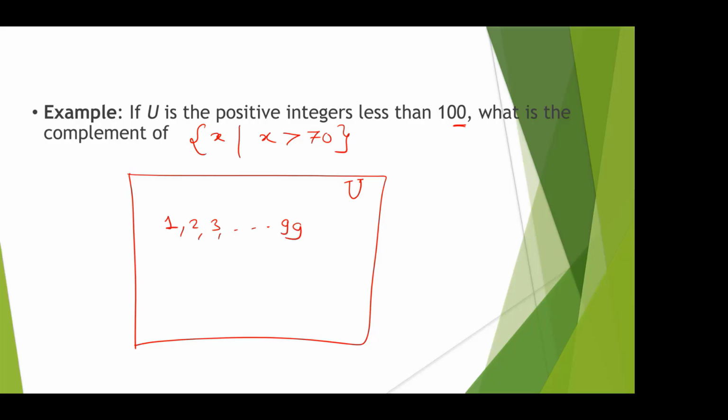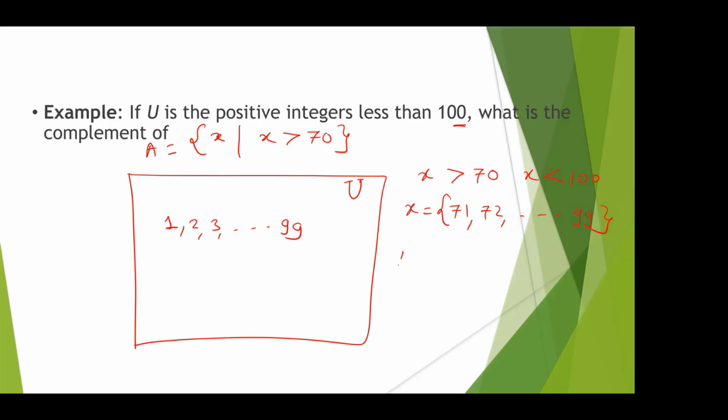Now, what is the complement of x where x is greater than 70? x is part of the universal set, so we also know that x is less than 100. So the possible values that x can hold are 71 up to 99, right? This is my set A given to me.